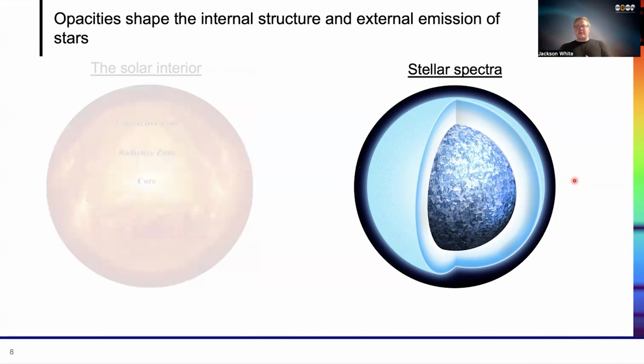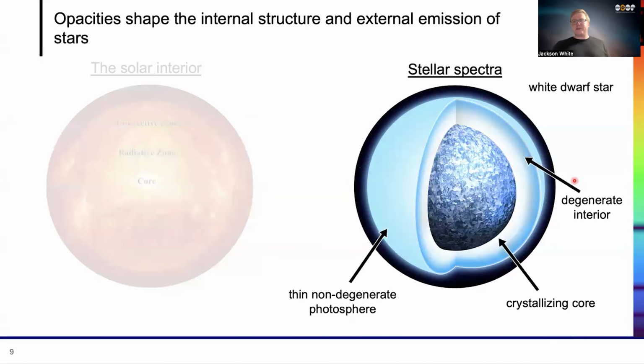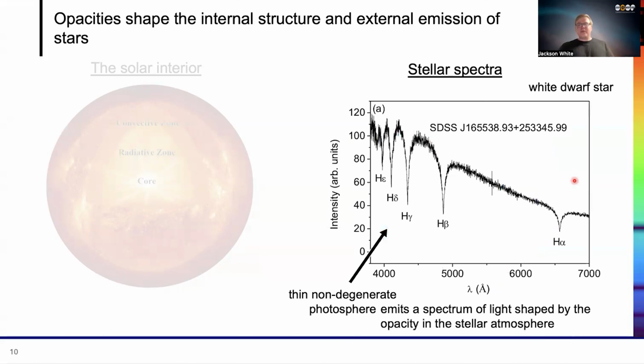But we also care about opacities as it relates to stars because opacities shape the stellar spectra that we see, the light that we see emitted from neighboring stars. So if we consider something like a white dwarf star, for example, which is what most of the stars in our galaxy will eventually become, and we look at this thin outer photosphere, what we see is that the spectrum of light that it emits is highly shaped by the opacity in that stellar atmosphere. So if we want to model stars well, we better be able to model opacity as well.